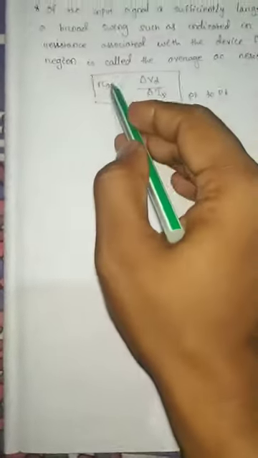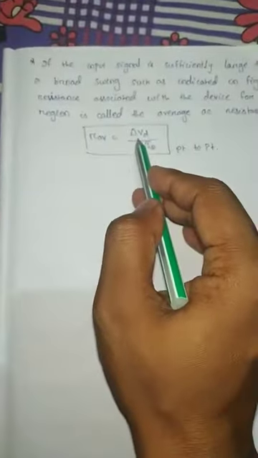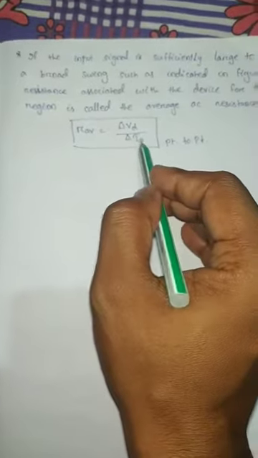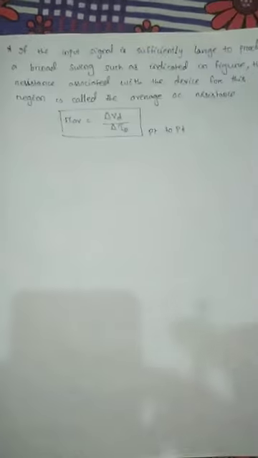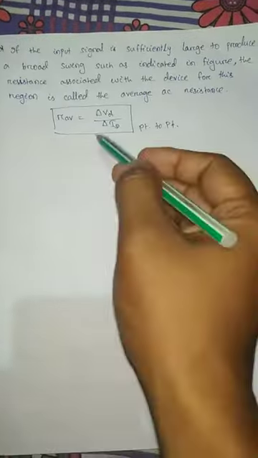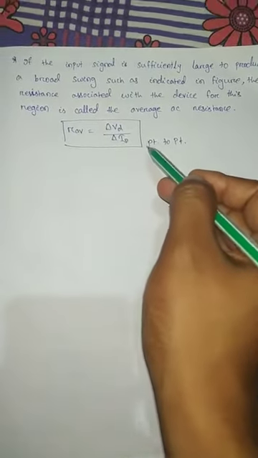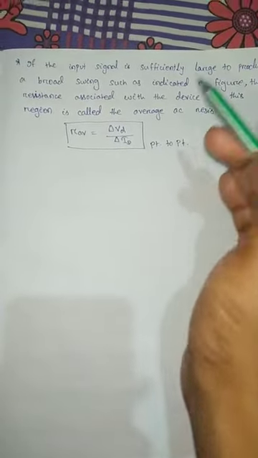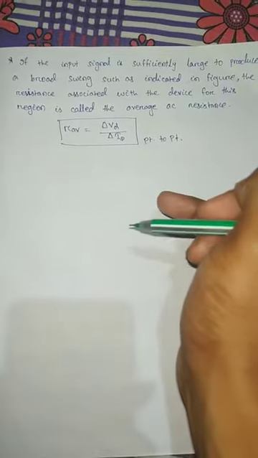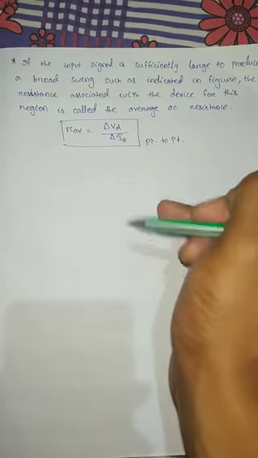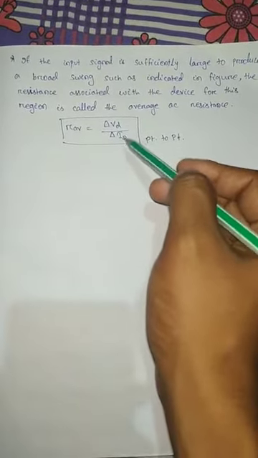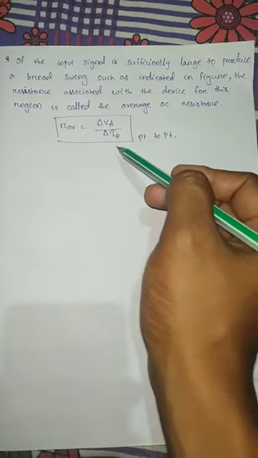The average resistance R average equals delta Vd divided by delta Id, from the maximum point to the minimum point.